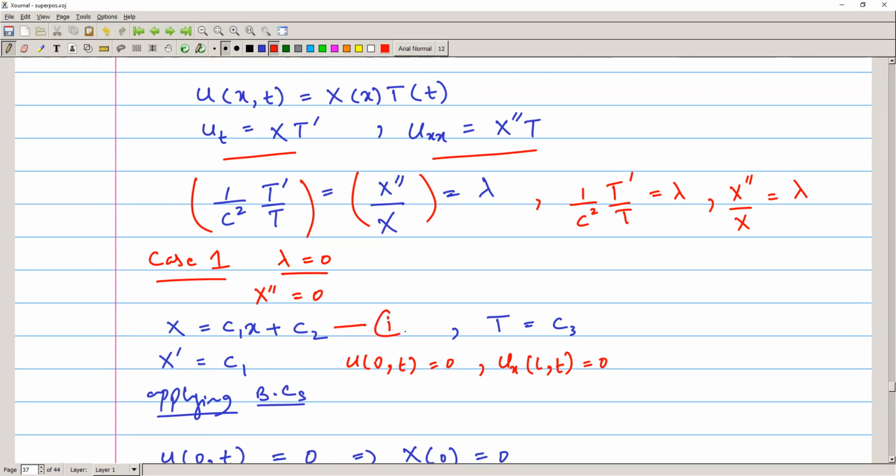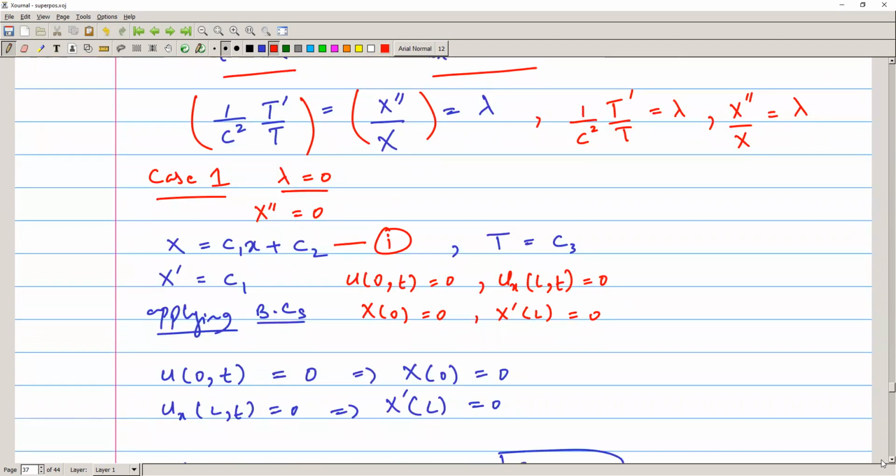Let's say this is equation 1. Now we will apply the boundary conditions. So X of 0 equals 0 and X prime of L equals 0, and we will apply the two boundary conditions respectively.